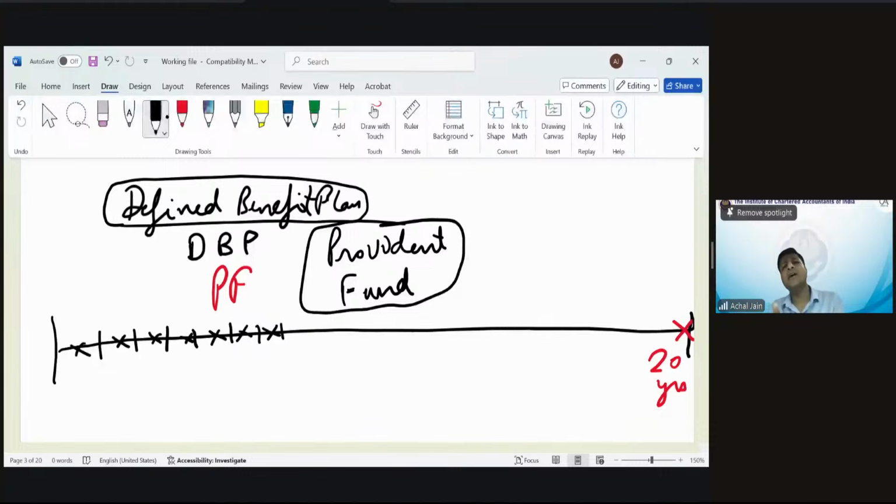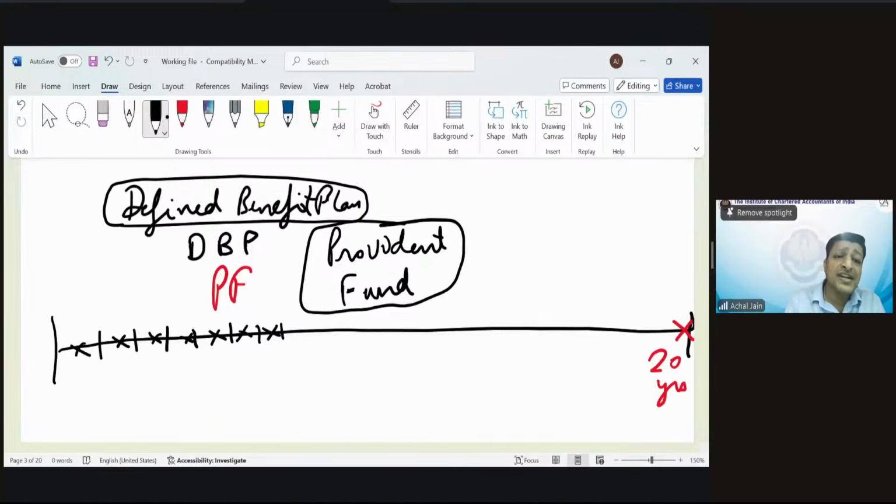So it's a separate fund, separate from the company. We are not saying it's a part of the company. But who is managing that? It's not the one which is maintained by the government. It's a private one, which is taken care of by the employer.